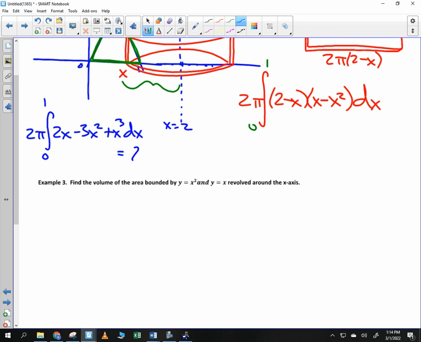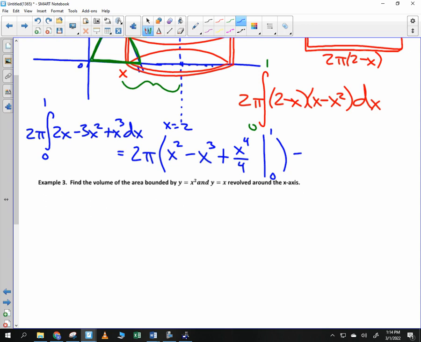We're almost there. 2 pi times the antiderivative: x squared minus x cubed plus x to the 4th over 4, evaluated from 1 to 0.